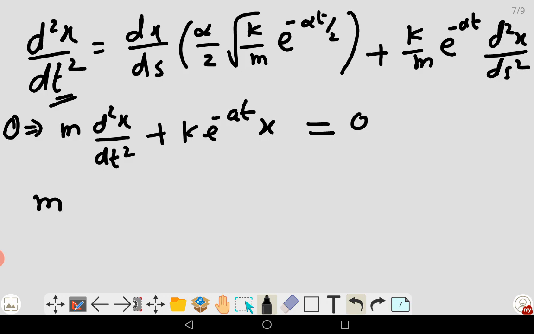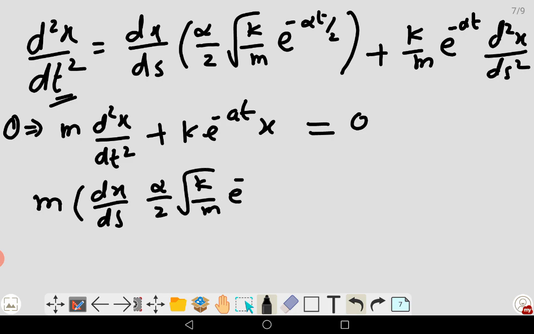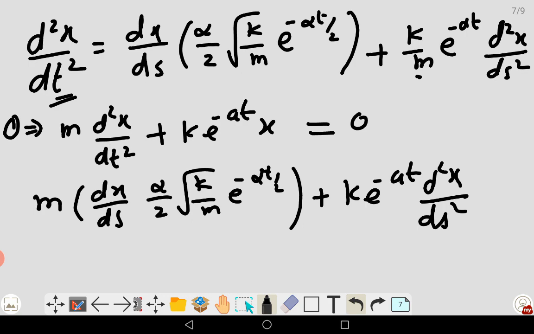M is multiplied here: m times dx by ds into alpha over 2 square root of k over m e raised to minus alpha t over 2, plus m will cancel when you multiply, k into e raised to minus alpha t d square x by ds square. This is only for the first term.